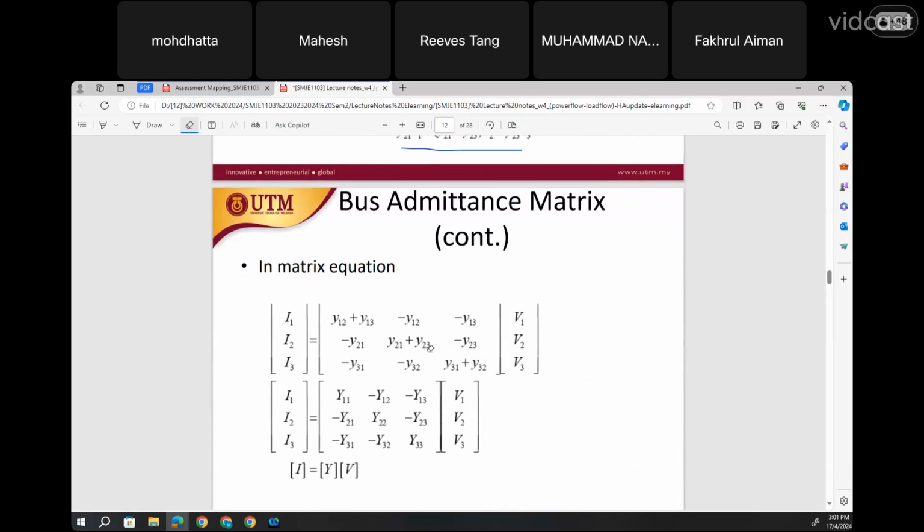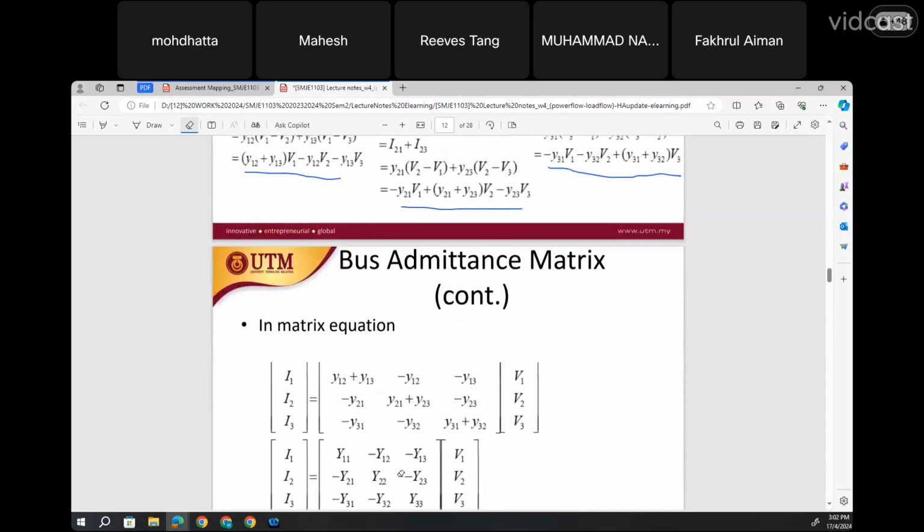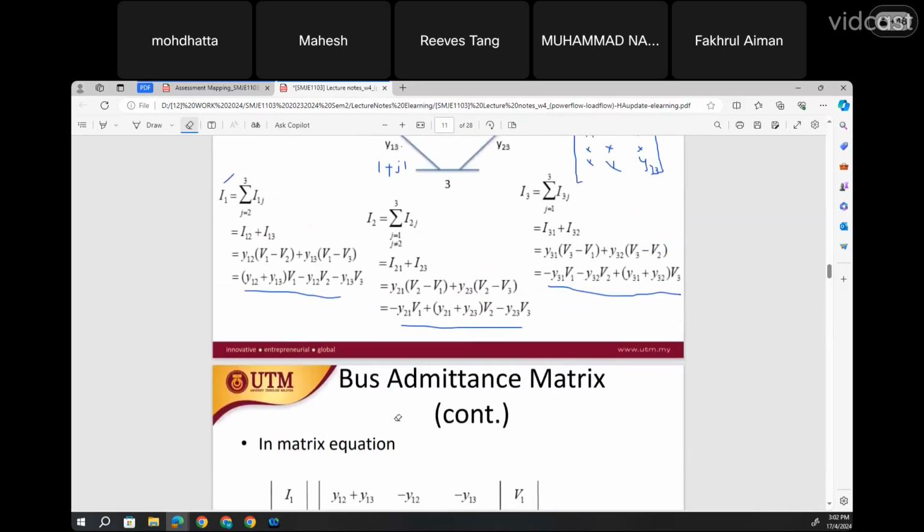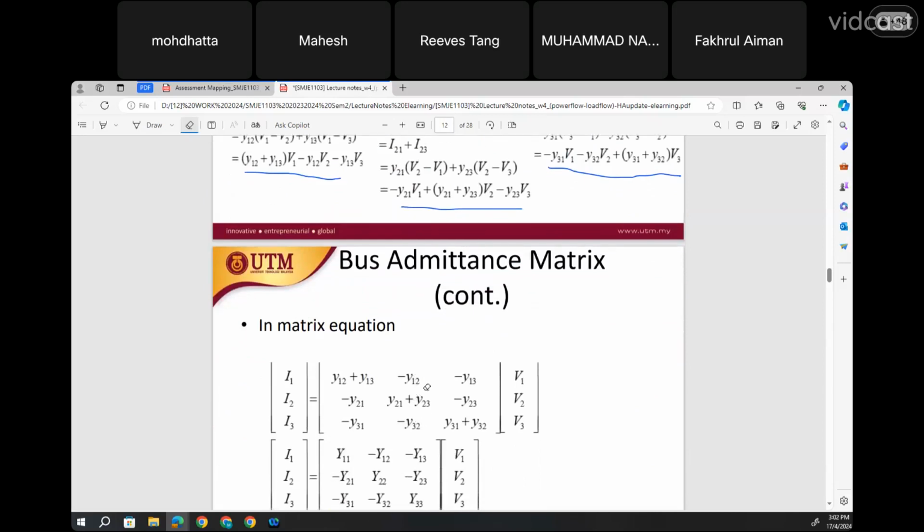This is the total one. For big Y12, it is the first row, second column, and that only has y12.